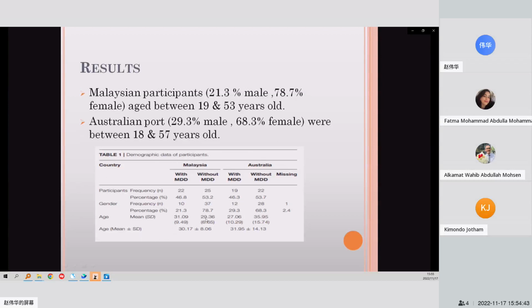The table here shows the demographic data of the participants, with and without MDD, and the analysis is shown here.